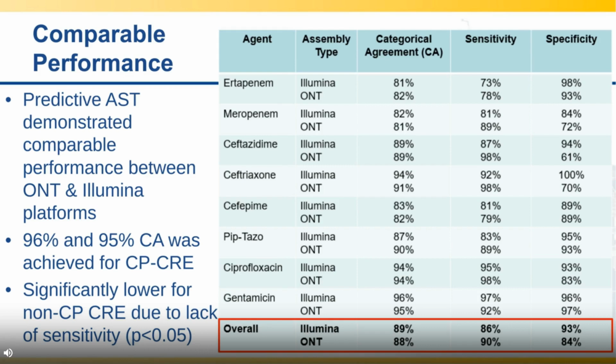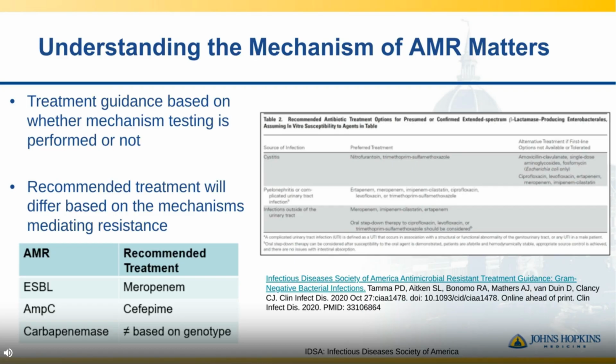The other thing that comes up is that we're now starting to see treatment guidelines based on whether mechanisms of resistance testing is performed or not. And these treatment guidelines recommend therapy. The recommended therapy will differ based off of the mechanism mediating resistance.